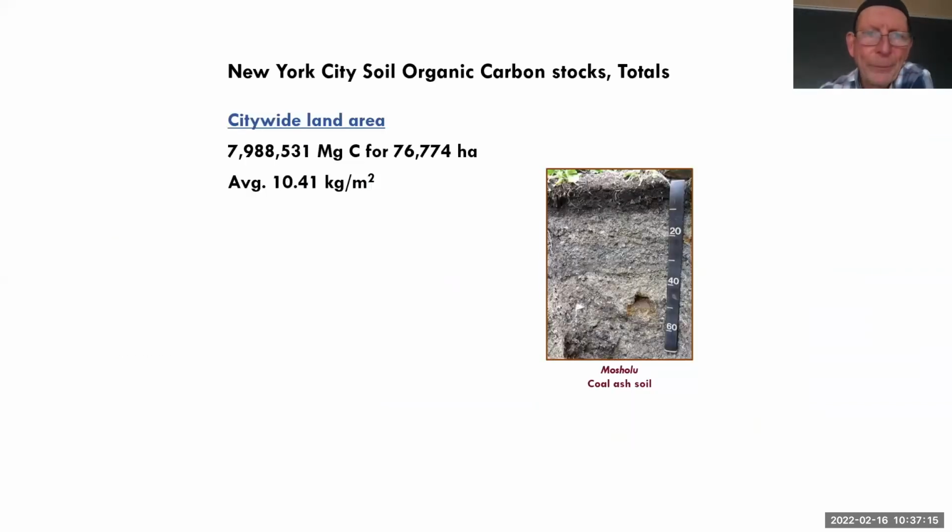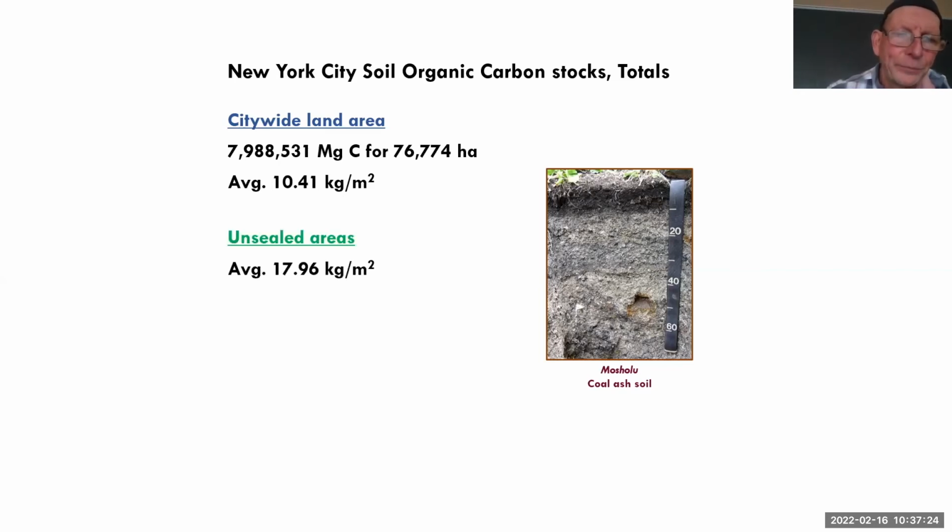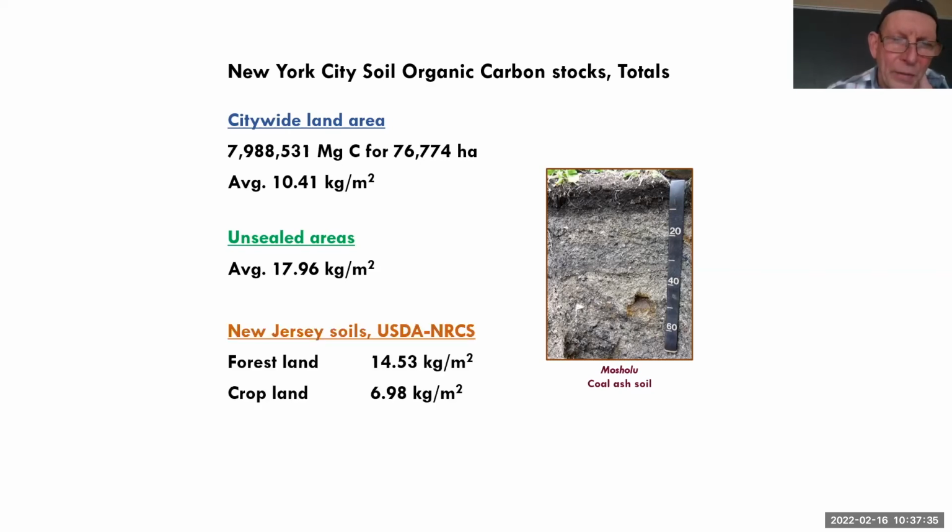Okay, so here's the totals. So the average for the city was 10.41 kilograms per square meter. If you were to calculate an average, excluding all those sealed areas, including the pavement and buildings, it would be 17.96. And those are pretty good values. Here are some values from a study we did in New Jersey looking at carbon stocks on forest land and carbon stocks on cropland.